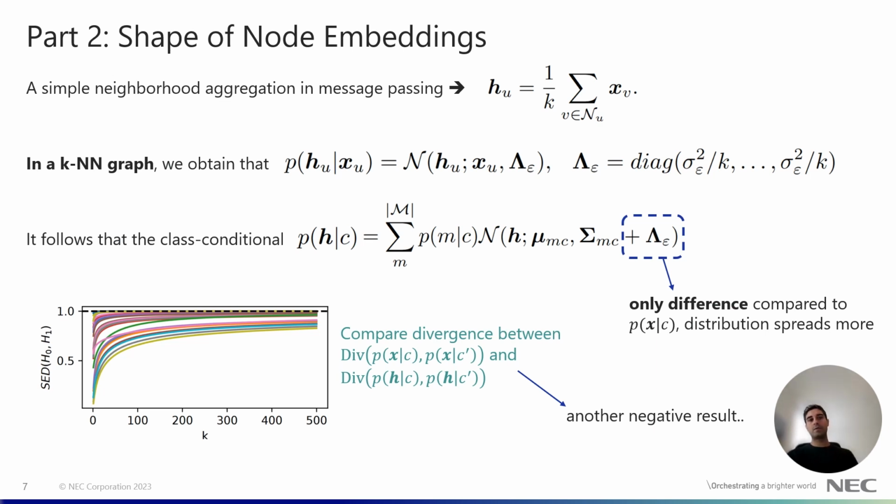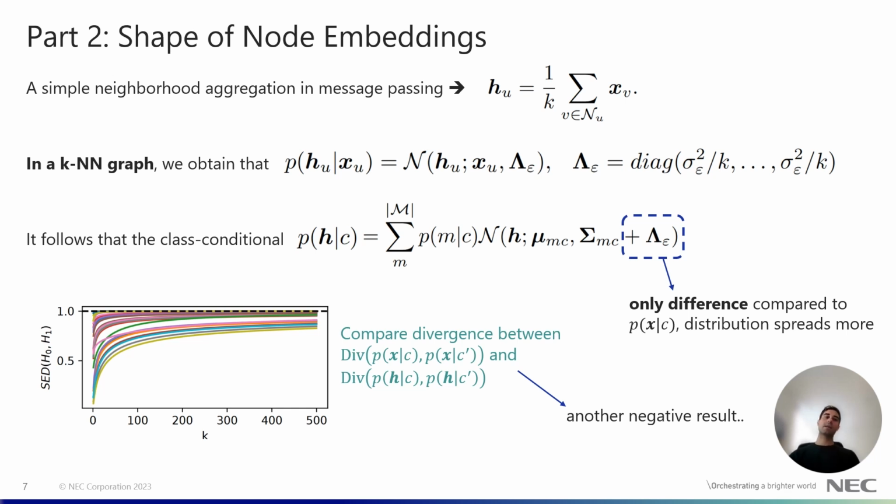We therefore move to a better understanding of how node embeddings look like in a message passing architecture, and for simplicity we consider a one-layer neighborhood aggregation where the embedding of a node hu is computed as the mean of the feature vectors of the neighbors.